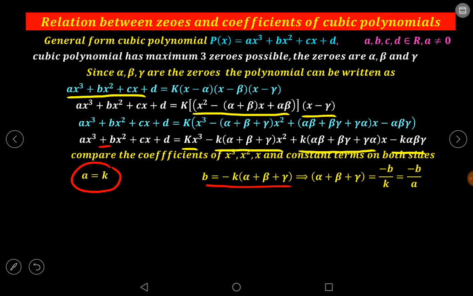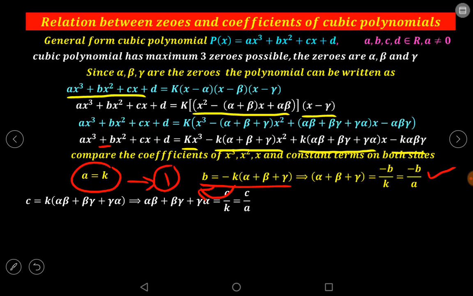Okay, these terms are equal. Here minus k is multiplied, transpose to the left side, alpha plus beta plus gamma equal to minus b by k. Here from equation 1, k equal to a, so therefore sum of the zeros equal to minus b by a. This is the first relation, sum of zeros equal to minus b by a.